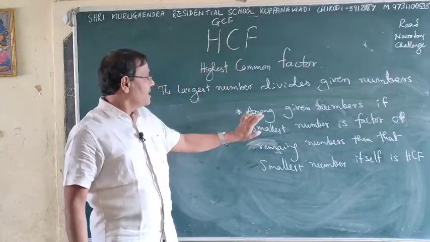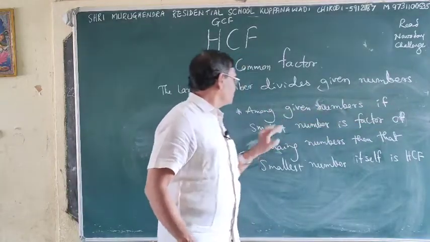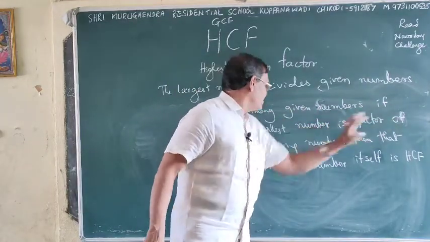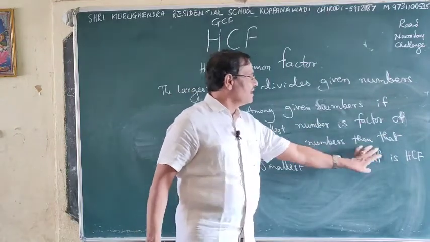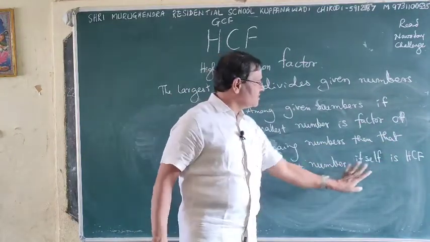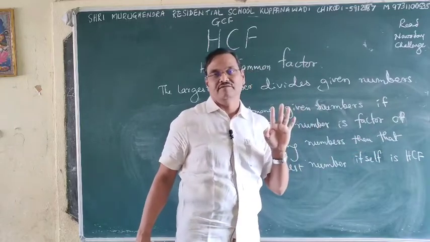Once again, read it. Among given numbers, if the smallest number is a factor of remaining numbers, then that smallest number itself is HCF.